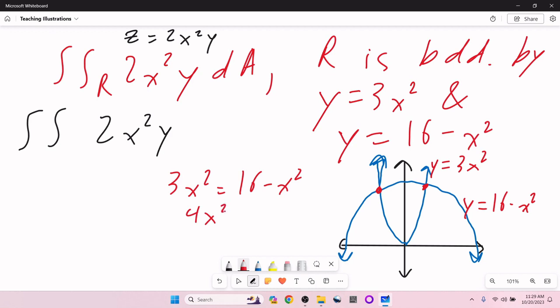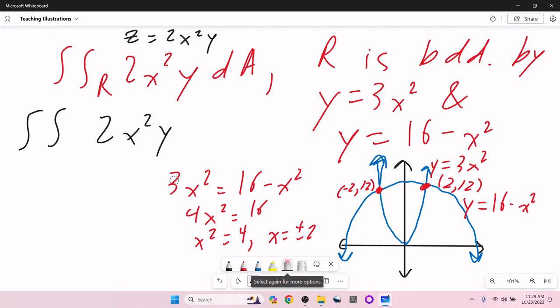So 4x squared is 16, x squared is 4, so x is plus or minus 2. And if you plug that in to either one of these, you will get 12 as the y value. Which is a good way to check that you did that right, because if you plugged in your x and got different y's, that would mean that you did something wrong in the solving and you need to go back and do it again.